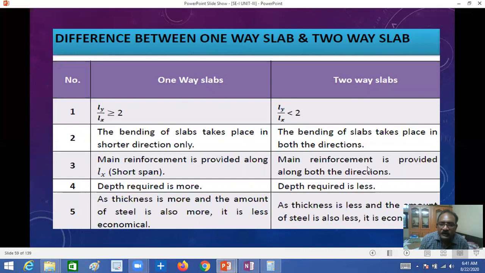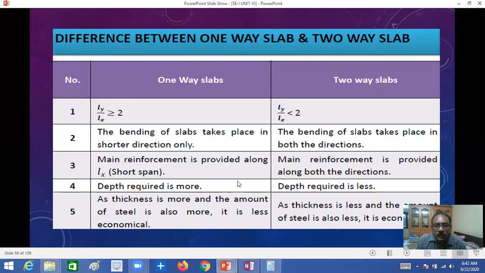Main reinforcement is provided along both sides, but first reinforcement is provided in the shorter direction, then afterwards in the second direction, that is the longer span direction. And in a one-way slab, more depth is required, and here less depth is required.